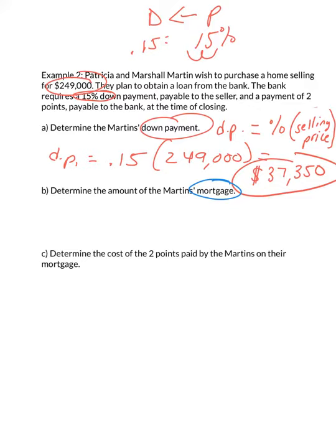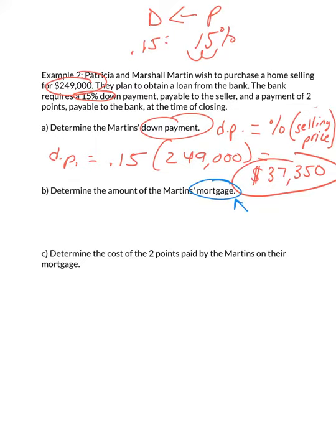That's a totally different question than just, what's the overall amount you're borrowing? What's the overall loan amount? It just says determine the mortgage. It doesn't say determine the mortgage's monthly payment. So that's good news for us, because whenever it says determine the mortgage's monthly payment, that's when we have to use that big old formula like on the last slide with the negative exponent. We don't need to do that here.